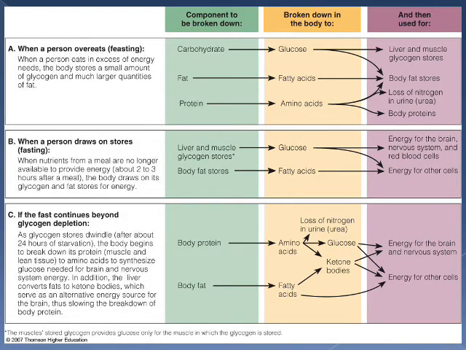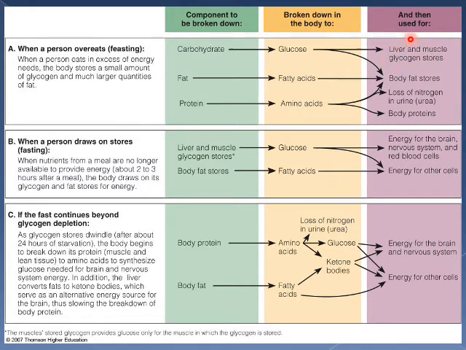This diagram, feasting and fasting. So letter A at the top describes feasting. If you look at carbohydrates, which are broken down to glucose in the body, they'll be absorbed. And when you're feasting, the first thing that's going to happen is your liver and muscle glycogen stores are going to become full.